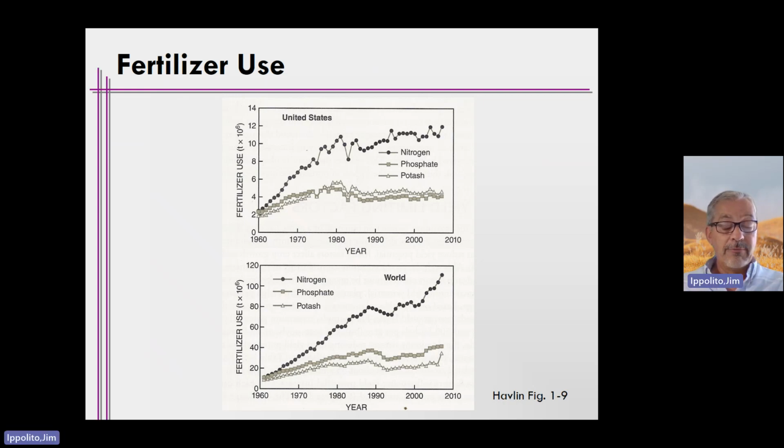And worldwide, we recognize that nitrogen is king and oftentimes the most limiting nutrient in terms of crop growth or plant growth, and thus the greatest use in terms of fertilizers is nitrogen, both within the US and globally. Now, these figures actually relate to something that's called nitrogen use efficiency, which I'm going to share with you on the next graph.